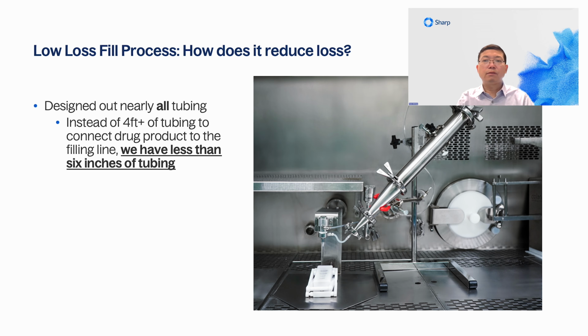So instead of having several feet of tubing that connects our stereo bulk drug product to the filling line, we only have 3 inches of tubing. We will still have tubing for our stereo filtration process, but we cut it to lengths as short as possible.